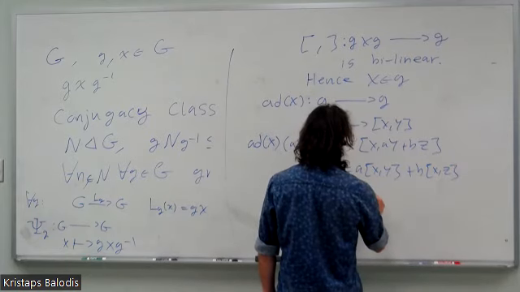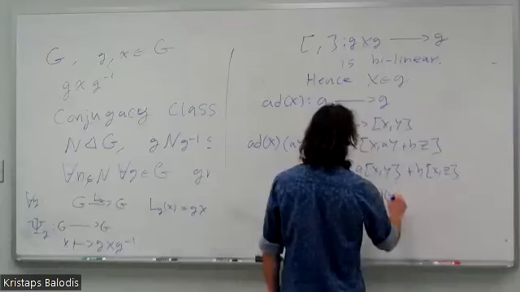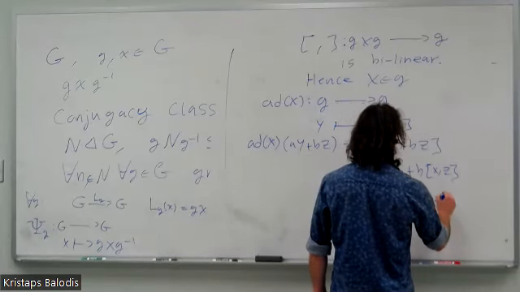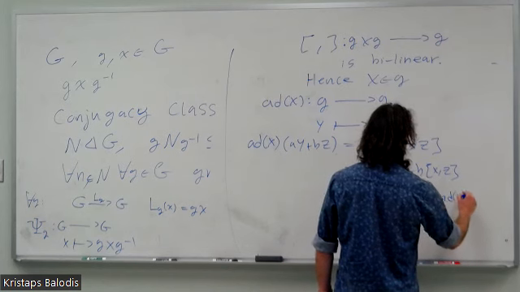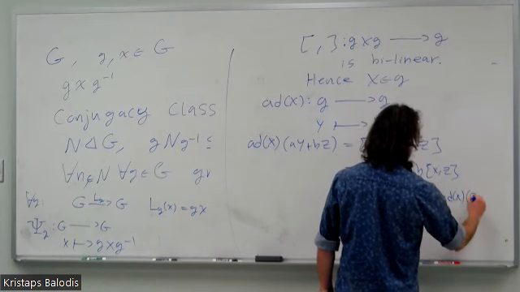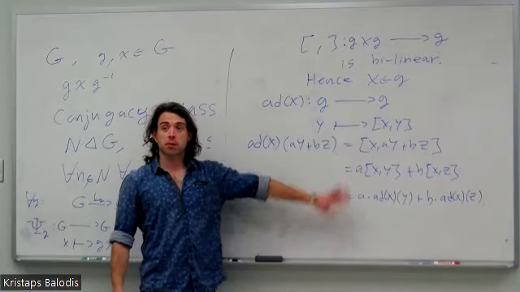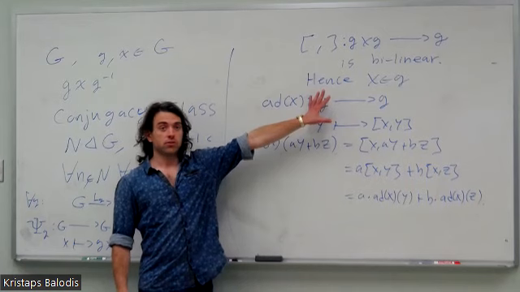And so that is a times ad of x applied to y plus b times ad of x applied to z. That's exactly what it means to be a linear map of vector spaces, right?